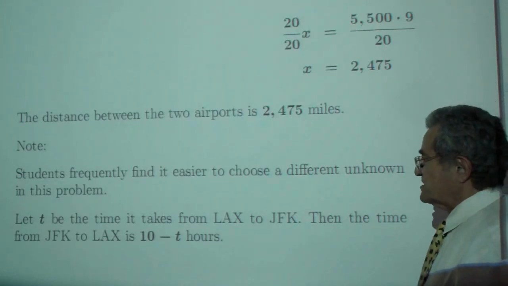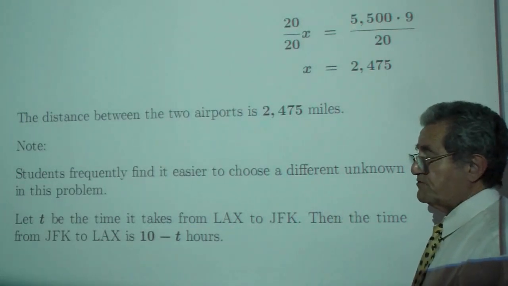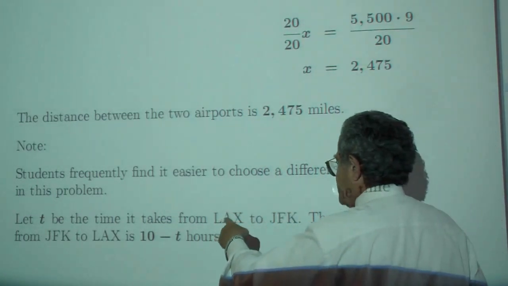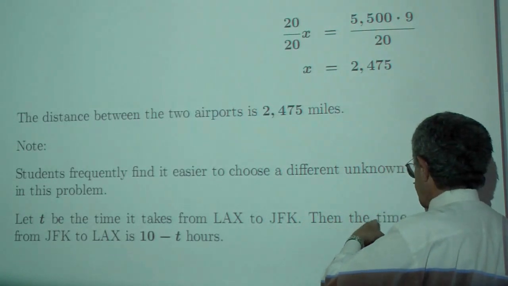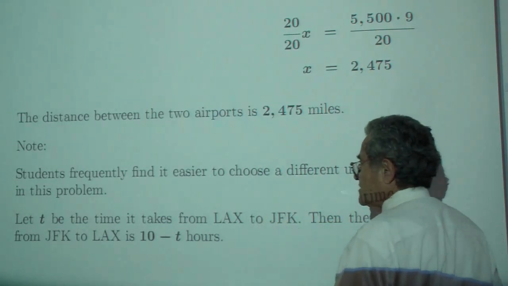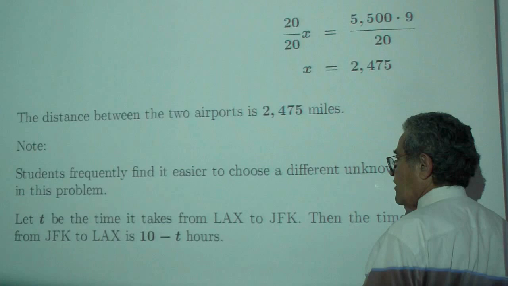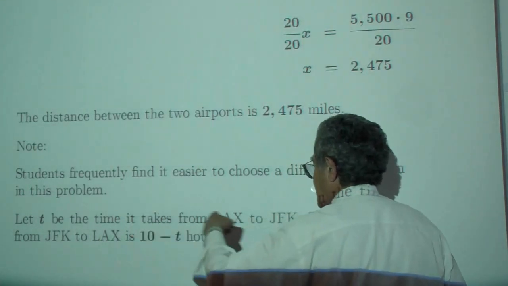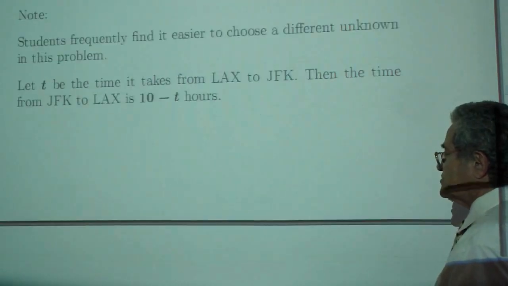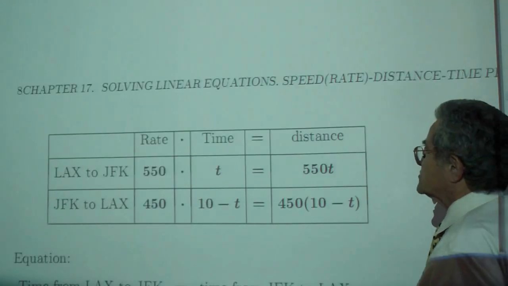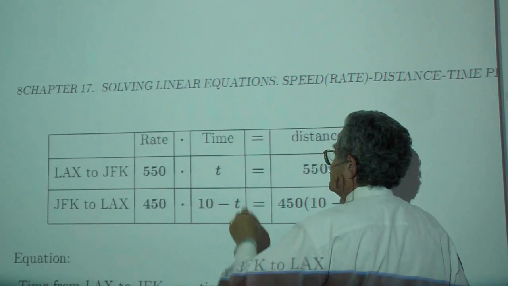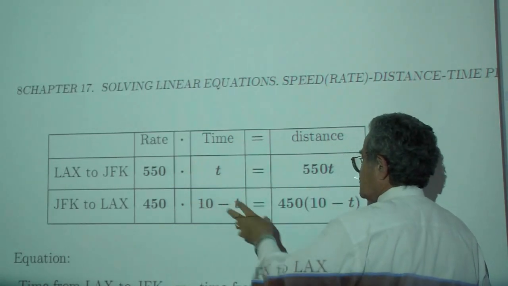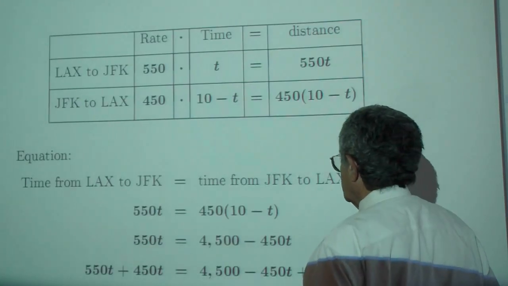Okay? Sometimes I get asked, why don't you do it this way? Because the other way is more natural to me. Let t be the time it takes to travel from LAX to JFK. Then the total time is 10 hours. So coming back, the time is 10, which was the total, minus the time it took to go from LAX to JFK. So the rates are 550, 450 times t, 10 minus t, multiply the two, you're going to get the distance.